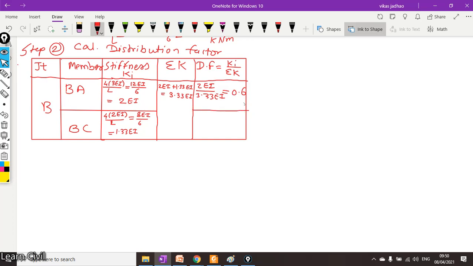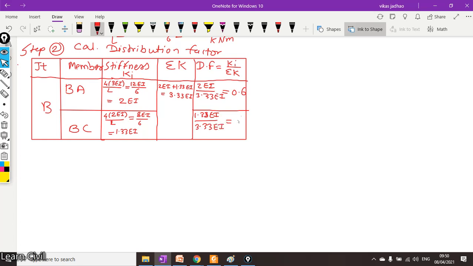Similarly, the distribution factor for span BC will be Ki, that is 1.33 EI, divided by summation of K, that is 3.33 EI.